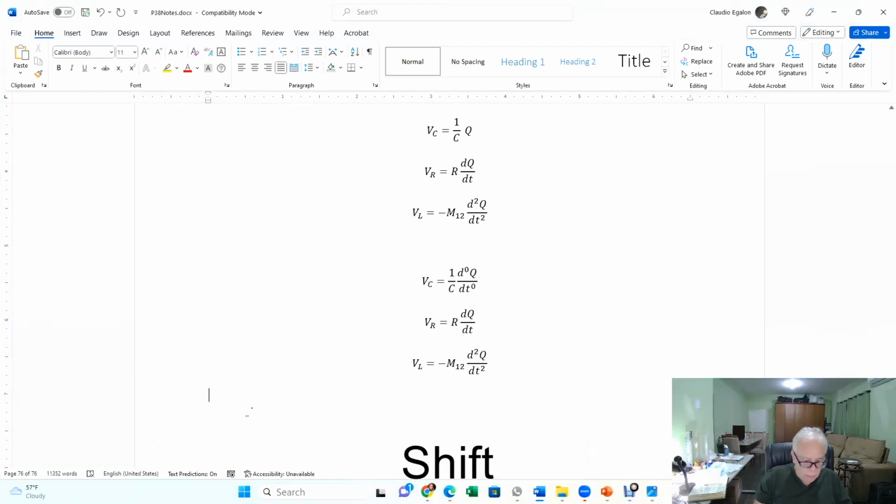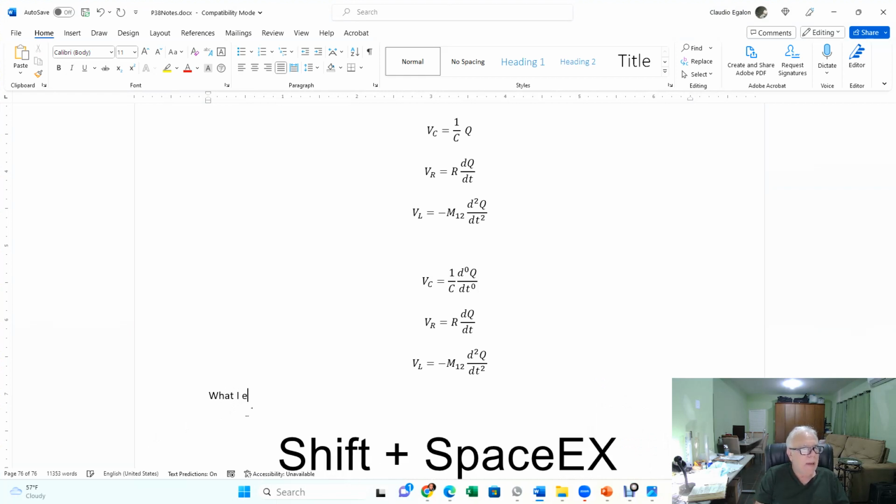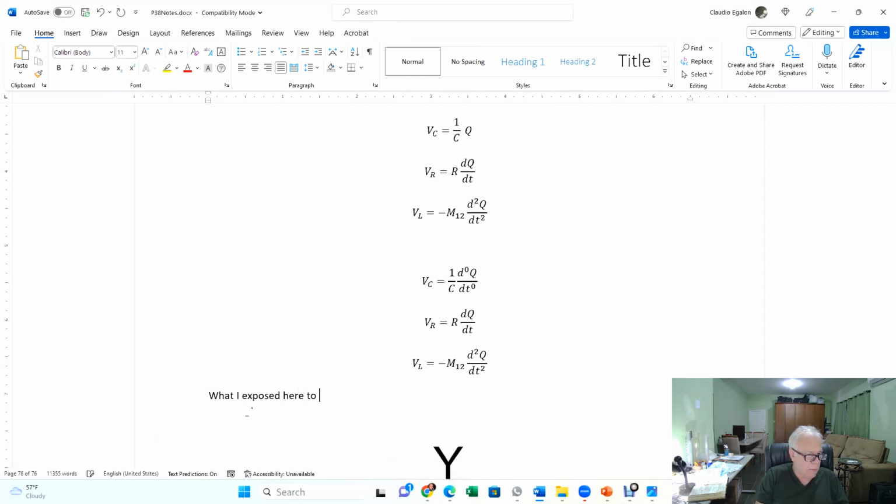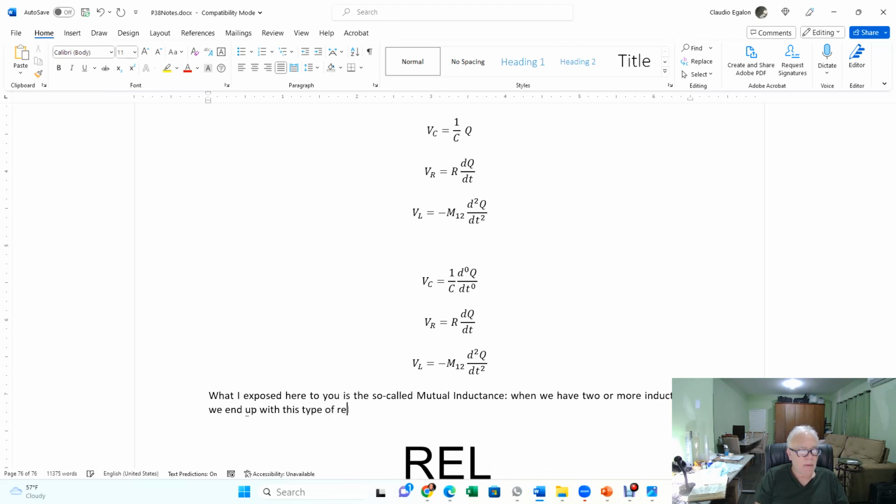What I exposed to you here is the so-called mutual inductance. When we have two or more inductors, we end up with this type of relation among them.